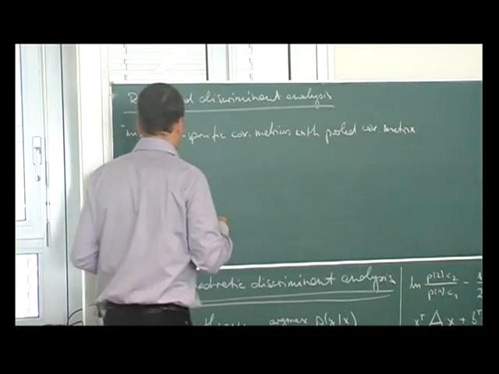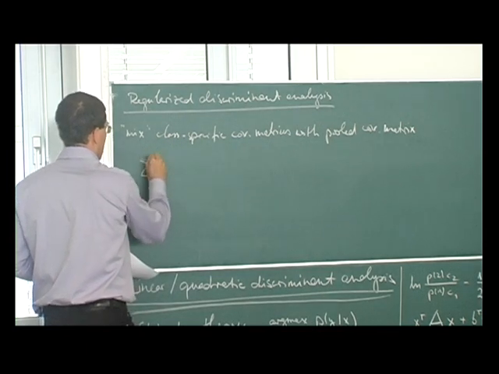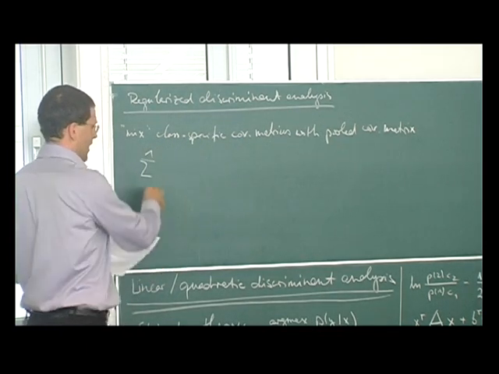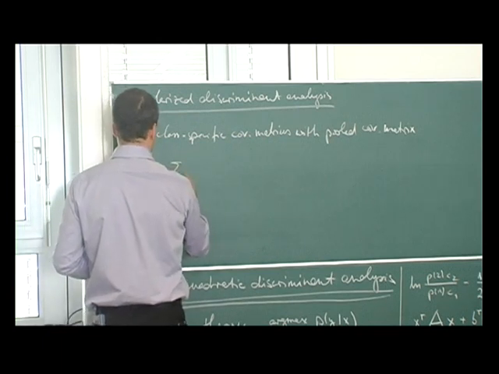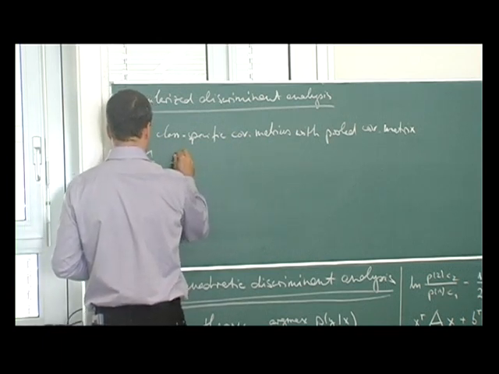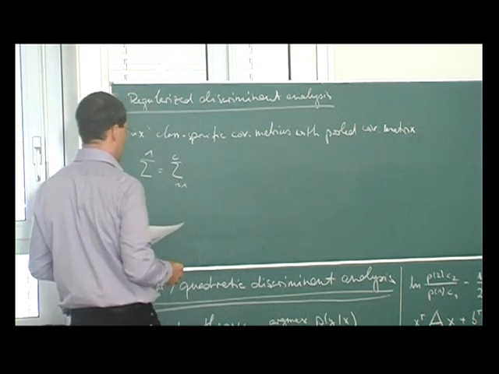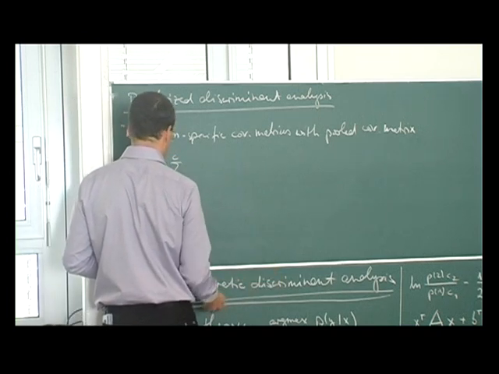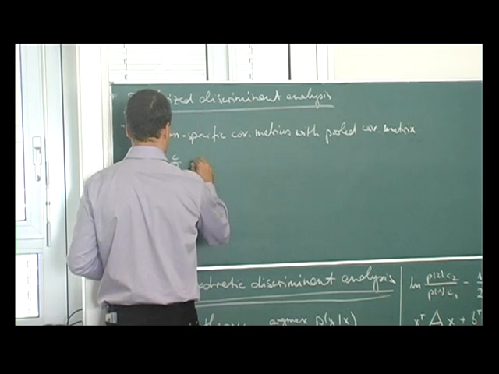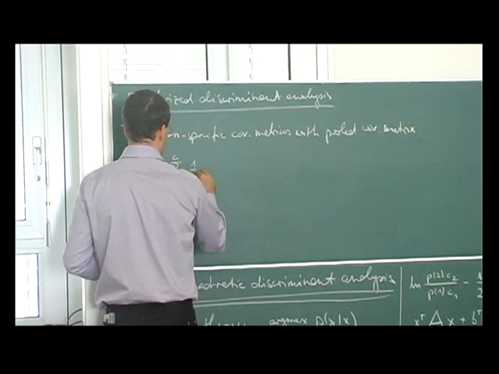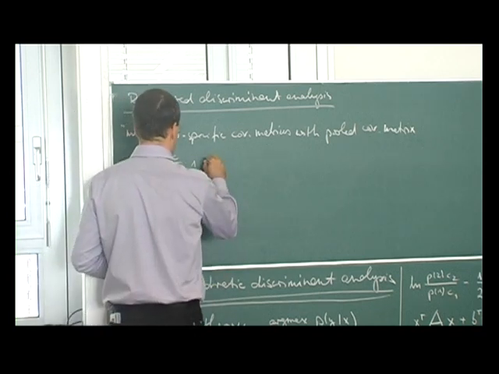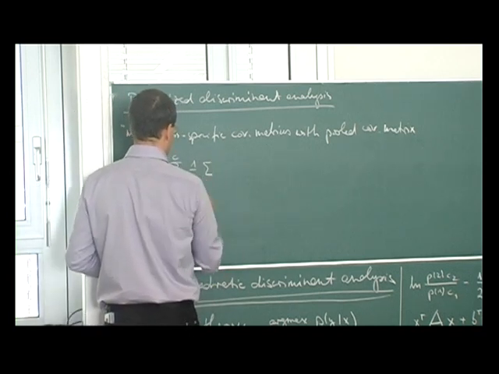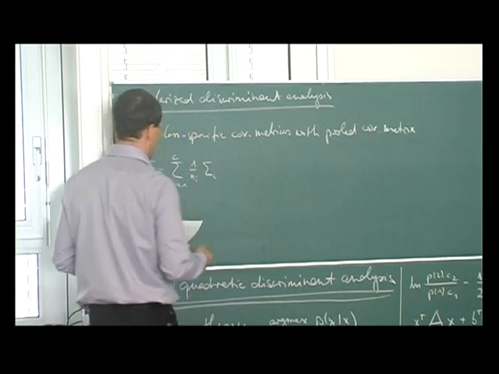This pooled covariance matrix, I'm just going to call it sigma hat without any subscript. And that can be summed over all, I'm assuming that we have C classes. In this previous example, we just had 2 classes. And then we weight it by the number of samples that we have in a specific class and multiply with this class-specific covariance matrix.